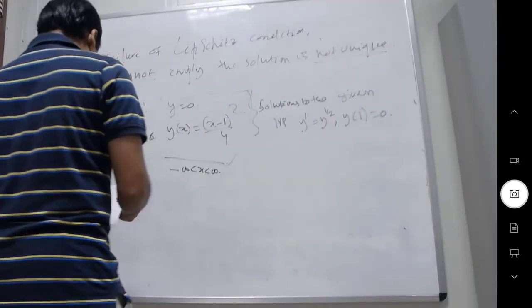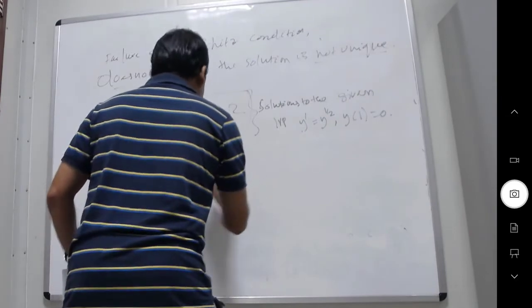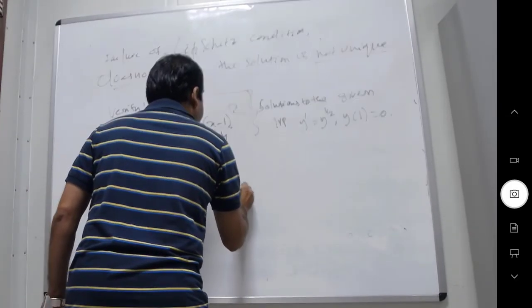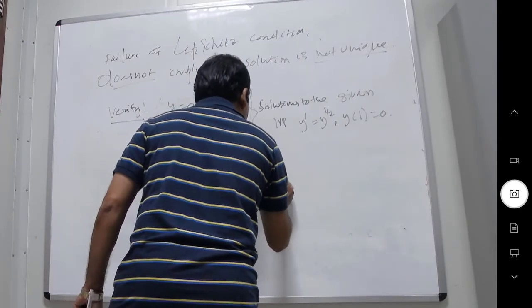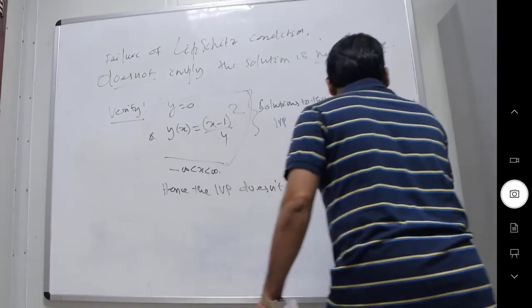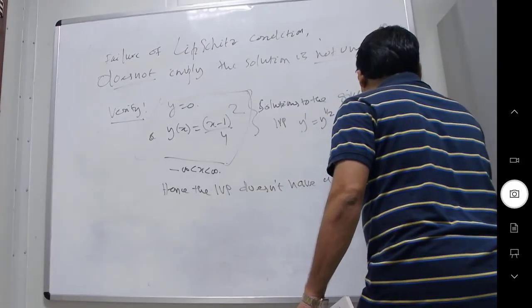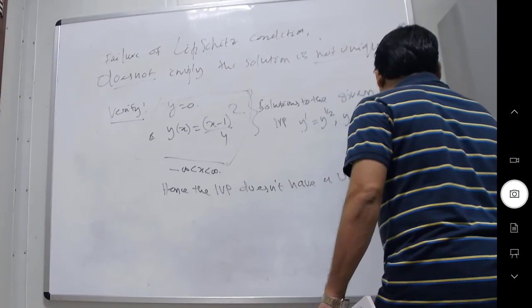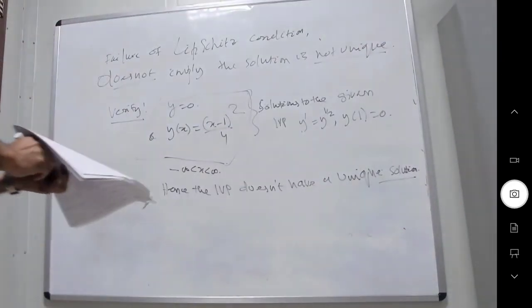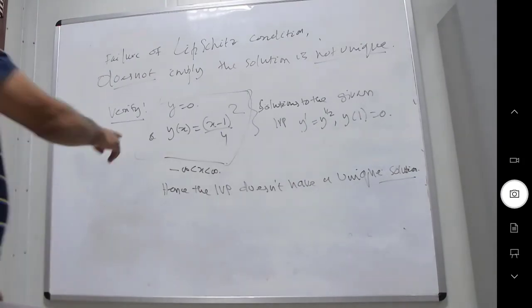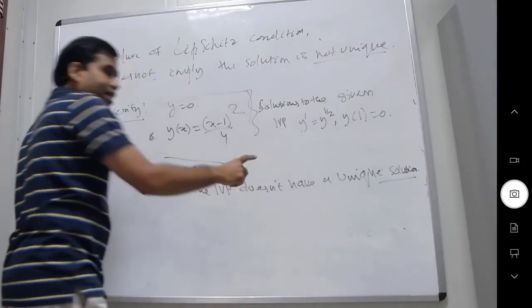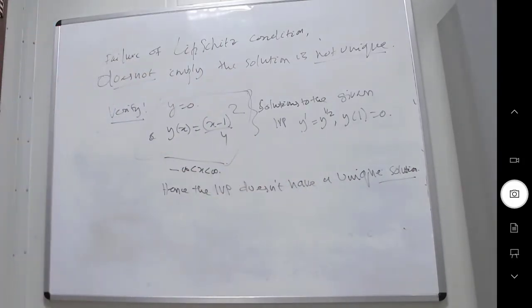Hence what we can conclude is that the IVP does not have a unique solution, right? It does not have a unique solution because y equal to 0 is a solution and this is also a solution to the same IVP, hence it has no unique solution, right?